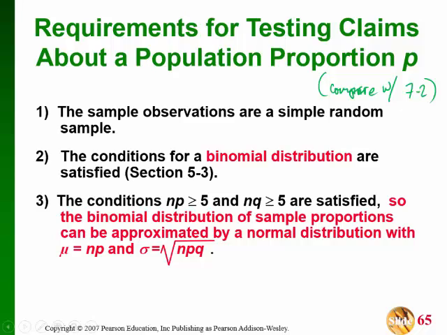So they do have this thing about the mu and the sigma, and they bring that up to say we're going to use the z distribution, the standard normal distribution, to approximate the binomial distribution. We skipped over that section, but it's not going to be that important for us. Okay.